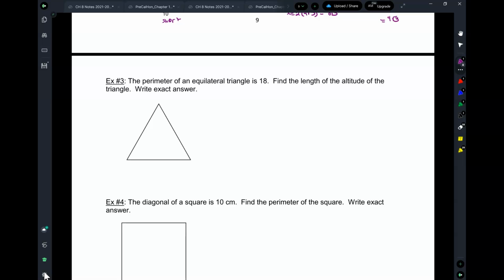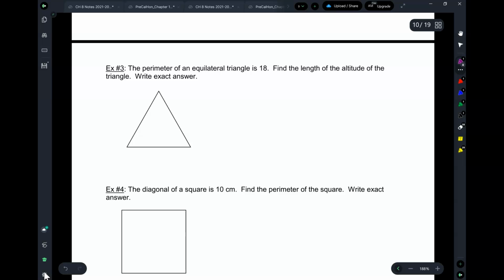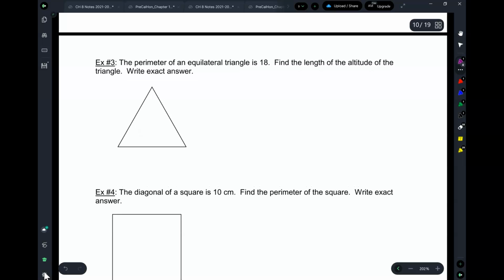Okay. The perimeter of an equilateral triangle is 18. Find the length of the altitude of the triangle. All right, well, if the perimeter is 18, each of the sides is how much? 6. All right, and we need to find the altitude. So this is what I need to find. So immediately, you know that if it's an equilateral triangle, this is 60, that's 30, and that's 90.